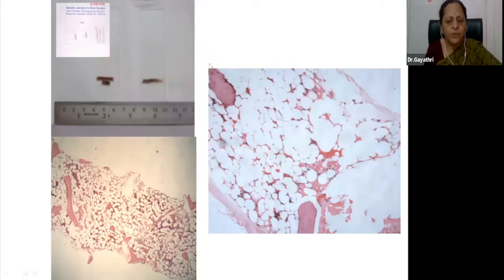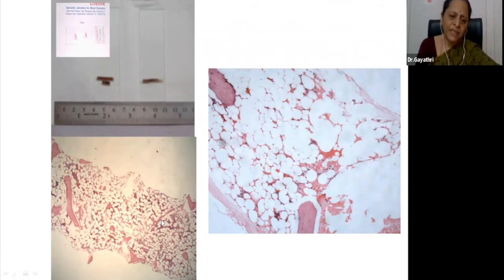And the trephine biopsy core should contain at least 1.5 centimeters of medullary marrow. 1.5 centimeters, half of which is cartilage, is not really adequate, especially when you pick up diagnosis like aplastic anemia.